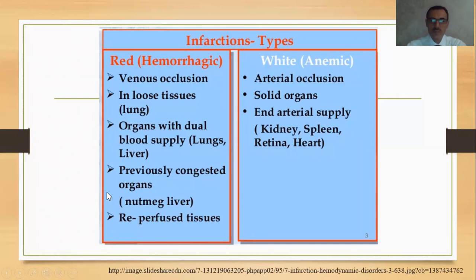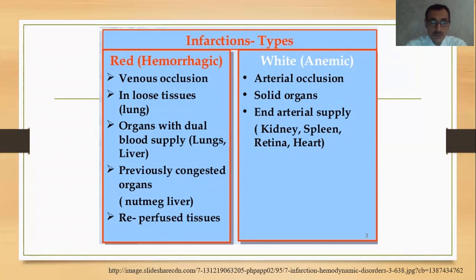If you remember the degenerations, we discussed with you the nutmeg liver in the venous congestions. We'll discuss in our next lecture during the hemocirculatory disturbances, that here we also again will discuss about the nutmeg liver. And the red infarcts occur in the red perfused tissues.